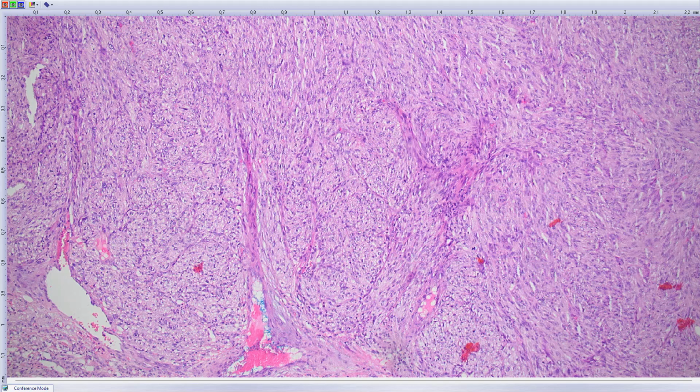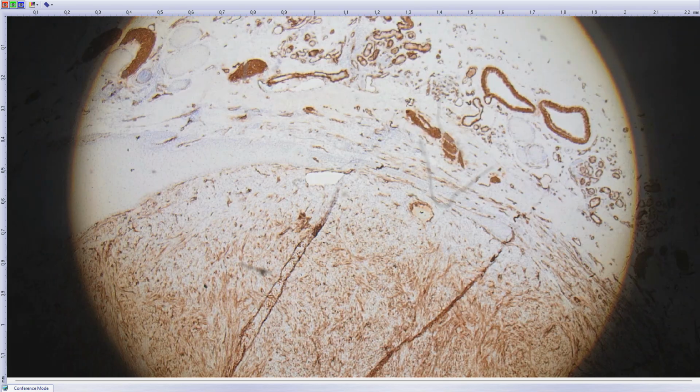So in a case like this, we have to perform lots of immunostains, including cytokeratins, which were negative in this case, melanoma markers, these were negative, vascular markers were negative. The only positive stain was smooth muscle actin.